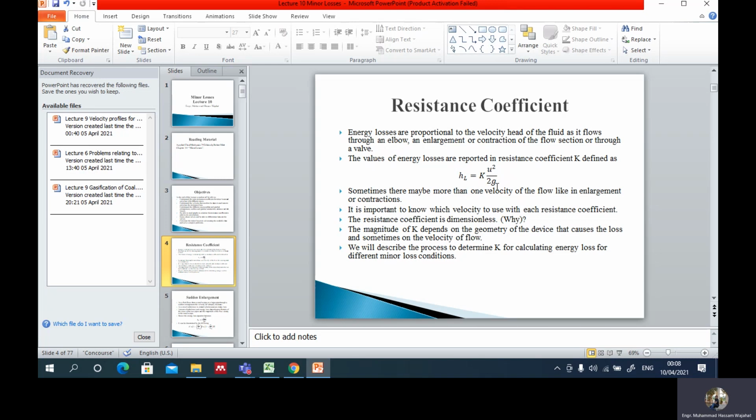Whatever your device is, its shape and geometry matter, because that geometry is what causes the loss, and sometimes it depends on the velocity of flow. That means that the geometry will determine the loss on your flow.